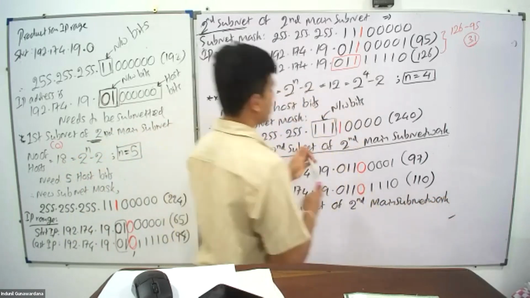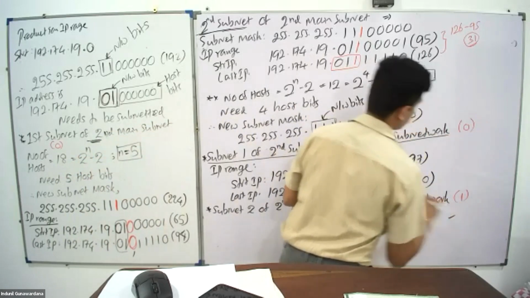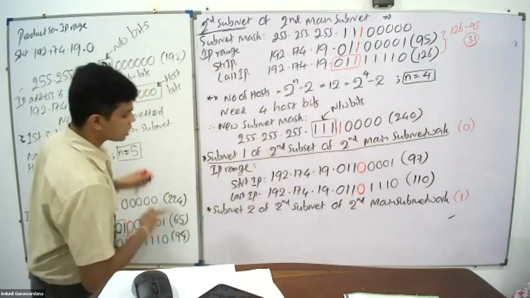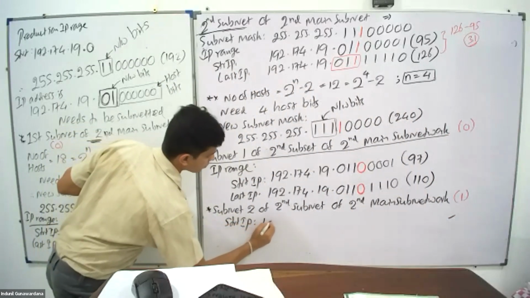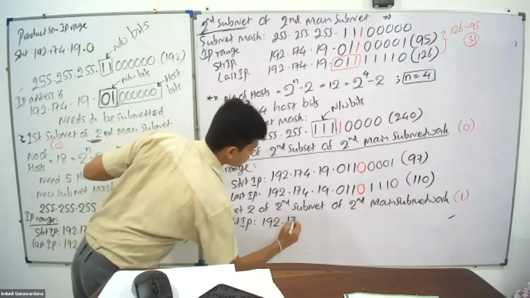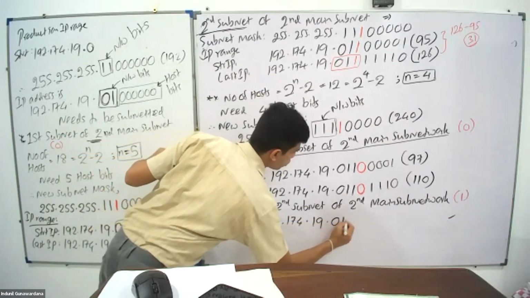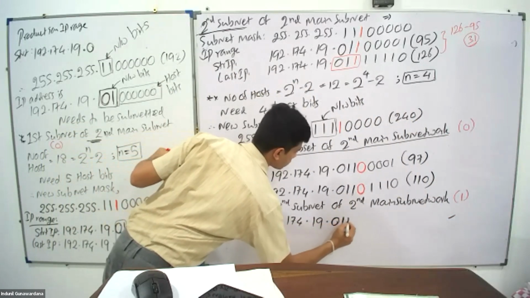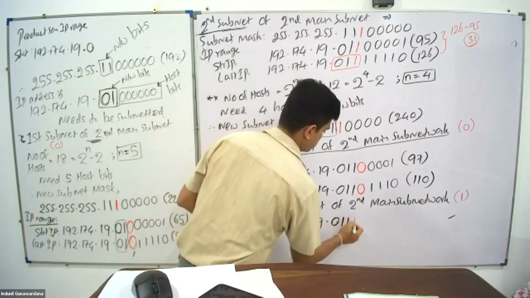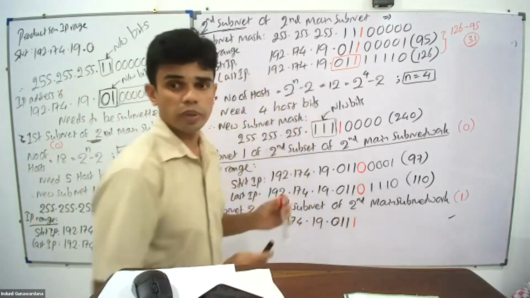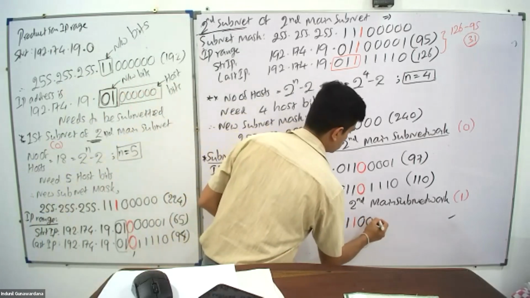Earlier I maintained the subnet bit as 0. Now I am going to maintain the subnet bit as 1. The start IP will be 192.174.19, 0, 1, 1. Now the subnet bit comes as 1. Starting is going to be 3 zeros and 1. 1, 2, 3 and 1.